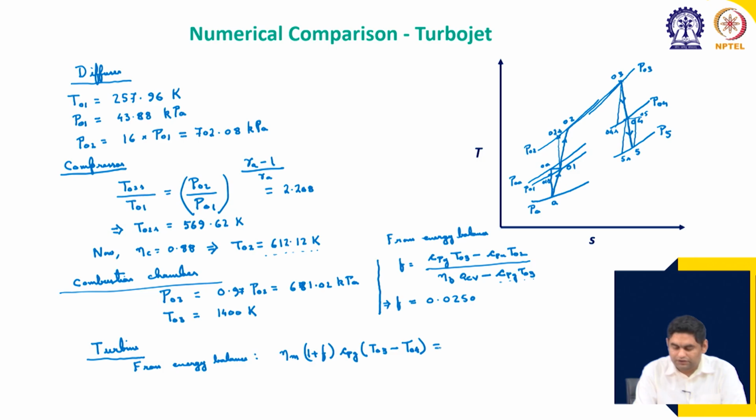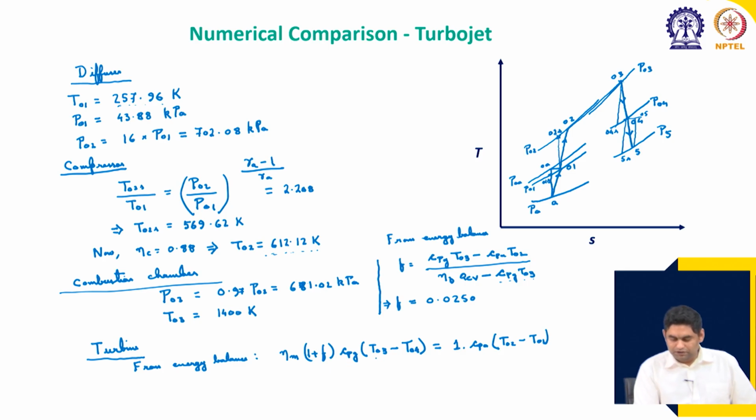This is the work which the compressor is using for running, where the mass flow rate is 1 multiplied by the work done by the compressor, Cpa (T02 minus T01). So, here what is known to us? T02 is known, T01 is known. What is the value of T01? T01 is 257.96, T02 we have found 612.12.